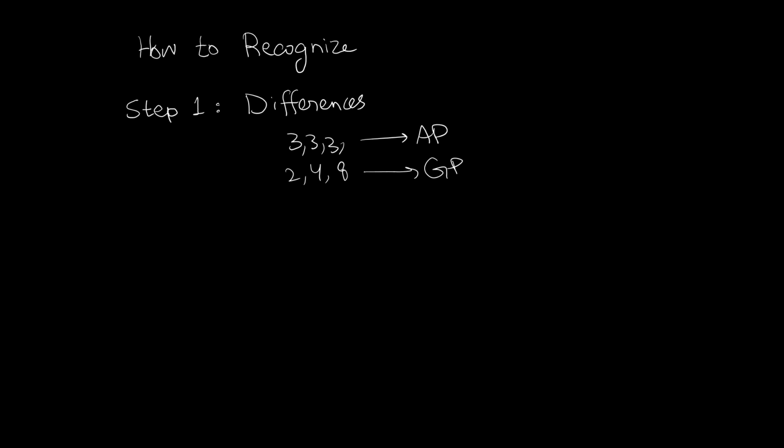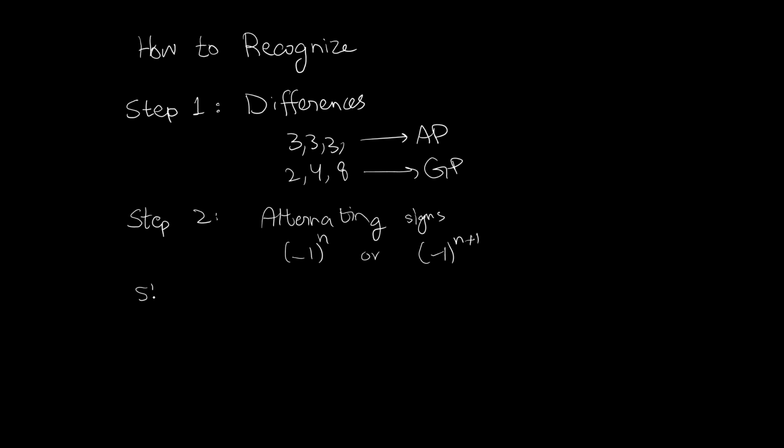The next step is to check the alternating signs. If the sign flips, then you might have a sequence which includes negative 1 to the power of n, or negative 1 to the power of n plus 1. Step 3 is to check the polynomial behavior.